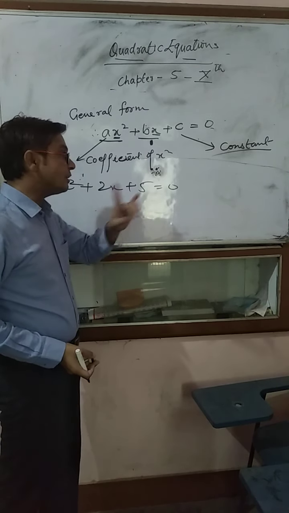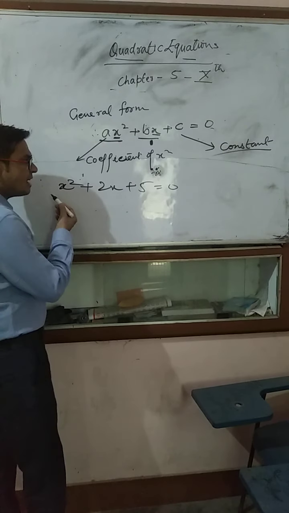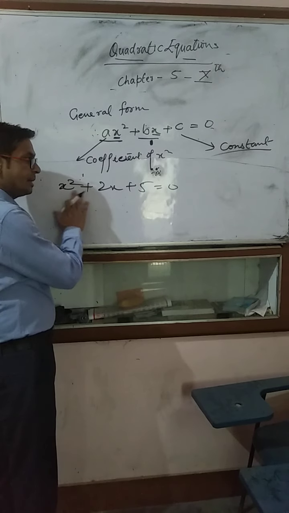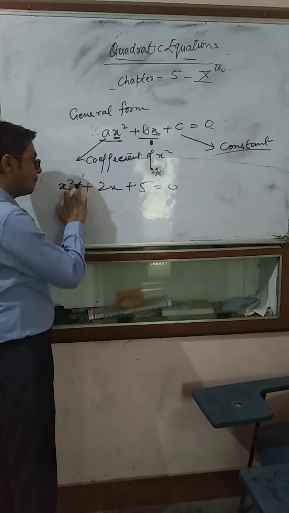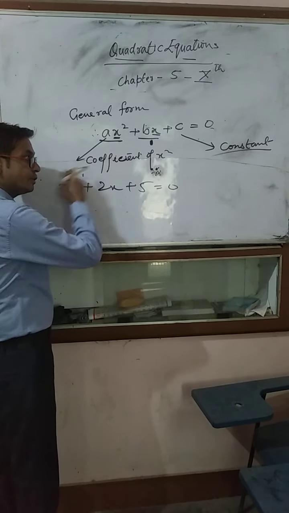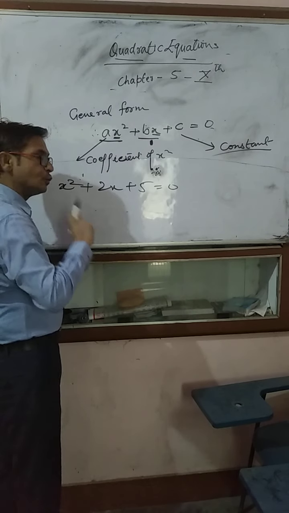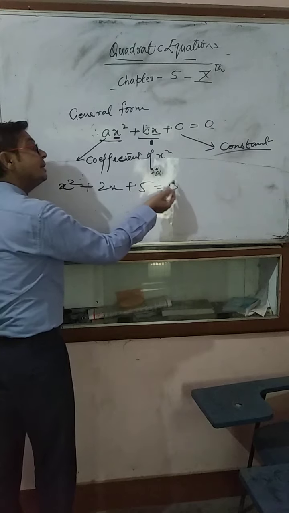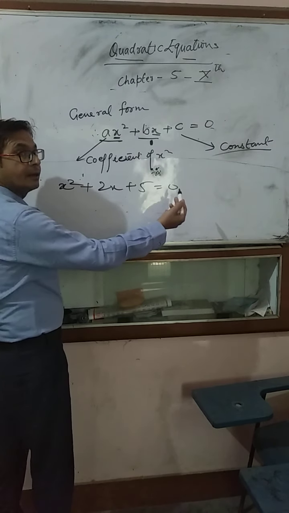First of all, see what the highest degree of this equation is. The variable is x, and the highest power is 2. So the degree of this equation is 2, so it is a quadratic equation.